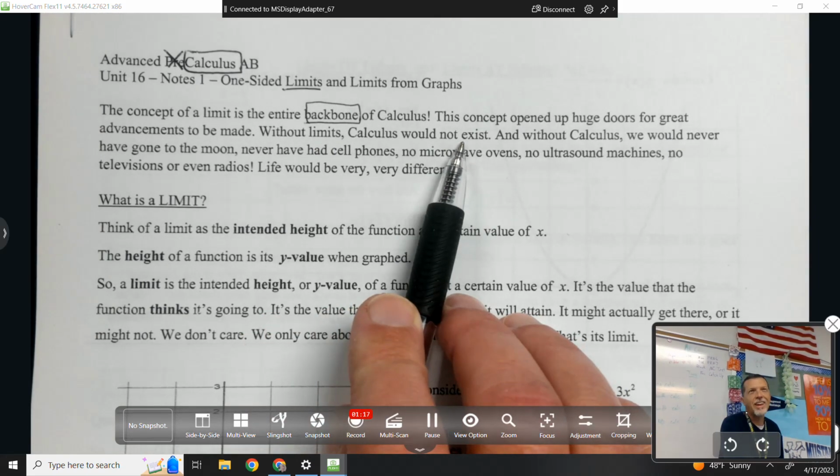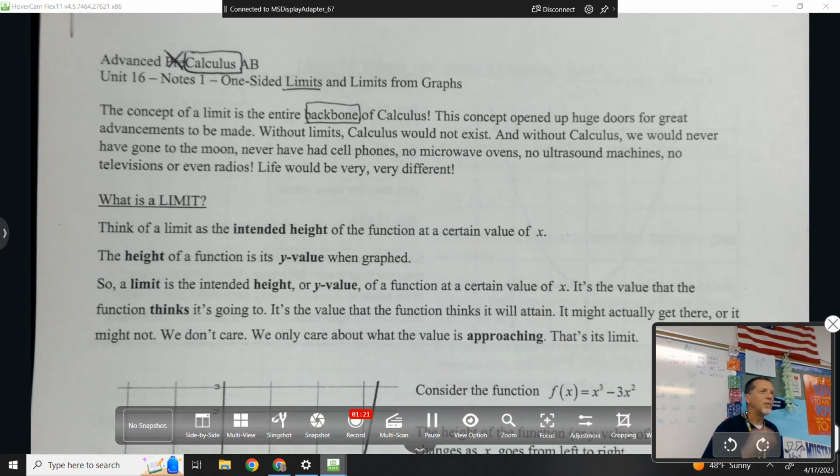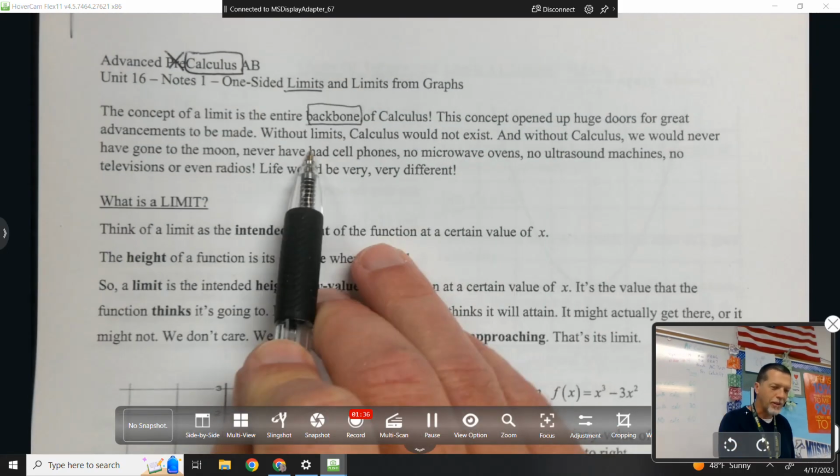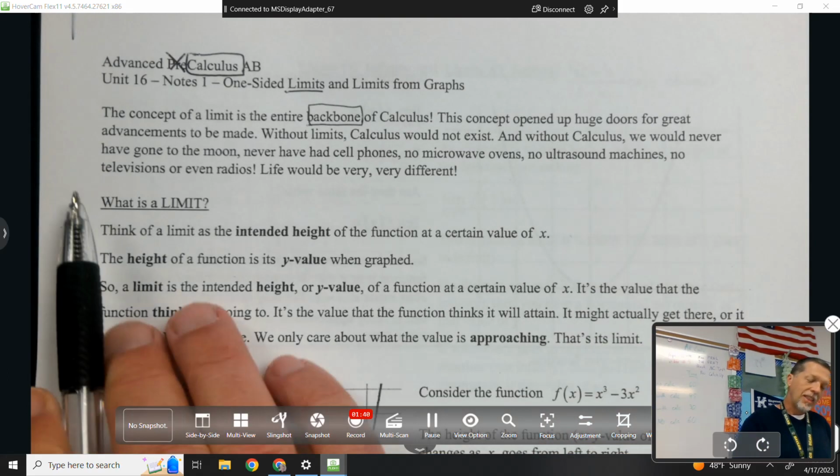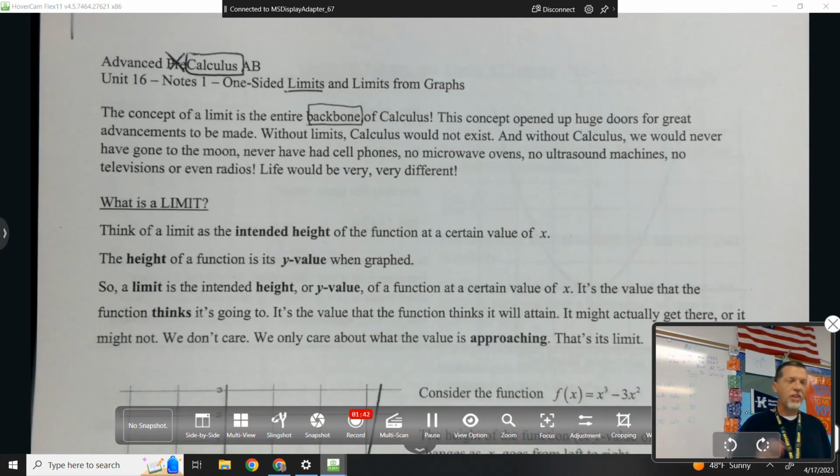There's a city in Texas, I forget which one it is, but their little motto is "a city without limits." And so calculus teachers once in a while share the joke around like, haha, they're not allowed to do calculus in this city. Nerdy joke for calculus people only. But it's true. Without limits, you could not do calculus. And without calculus, that opened up all sorts of stuff.